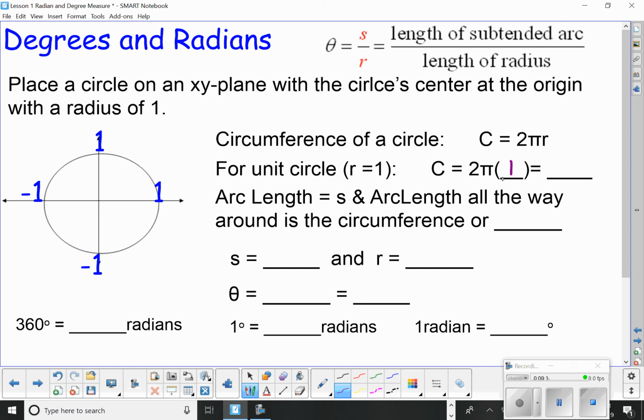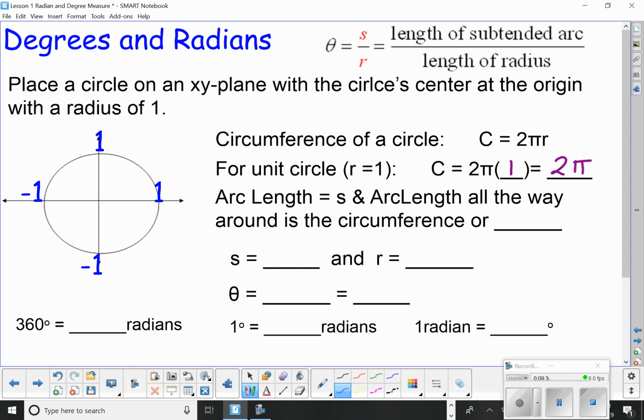R is 1, so 2 pi times 1 is just 2 pi. That's the distance all the way around, and I'm leaving it in terms of pi. I'm not asking you to multiply out 3.14159 times 2. It's 6.2 and so on.